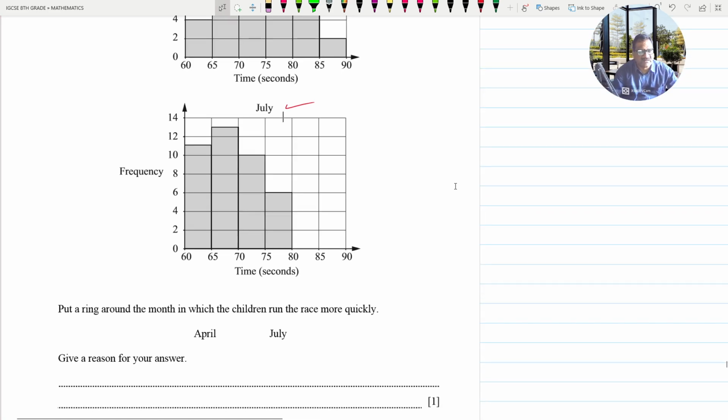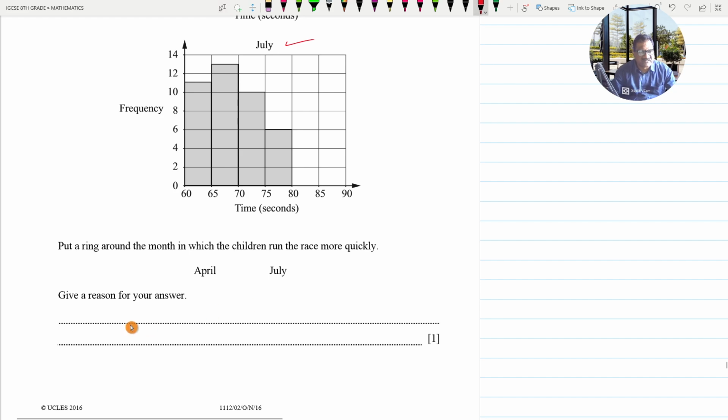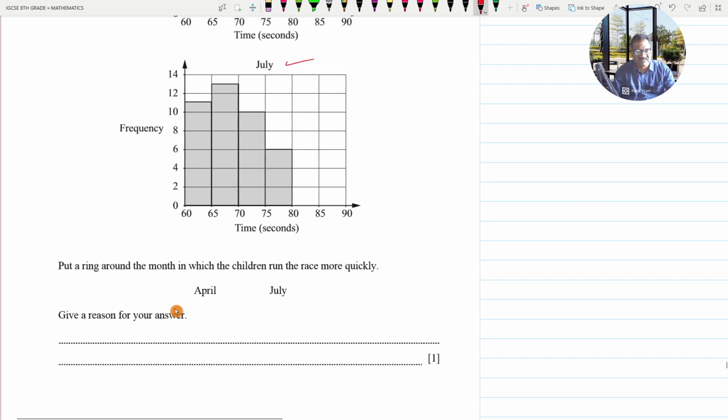So question number 1 is, put a ring around the month in which the children run the race more quickly. So you'll have to put a ring around which month the race was run more quickly by the children. And of course you have to give reasons for your answer, right? So let us see.